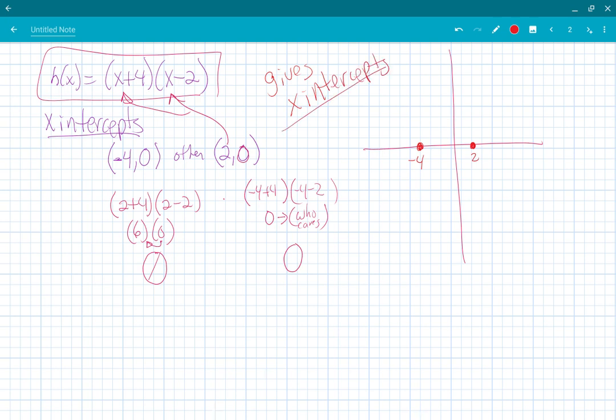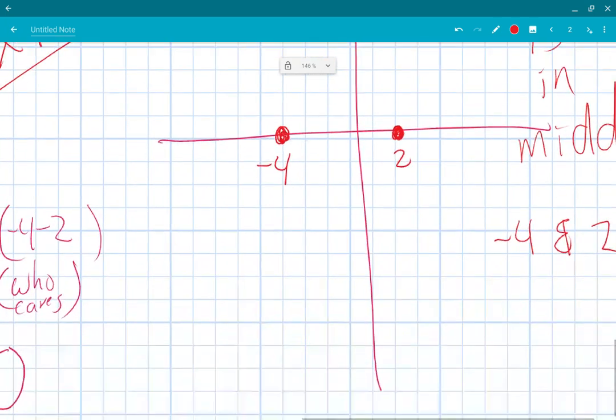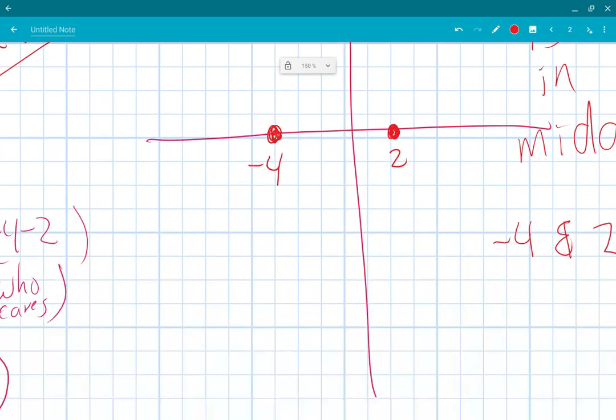Now, the vertex is in the middle of the two numbers. Now, what number is smack in the middle of -4 and 2? What number is smack in the middle?